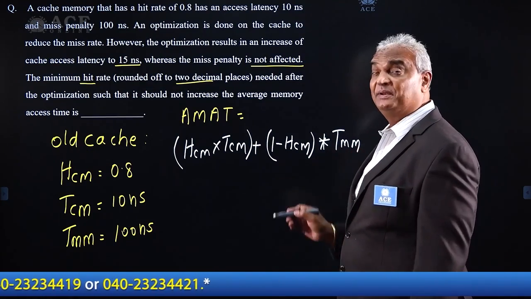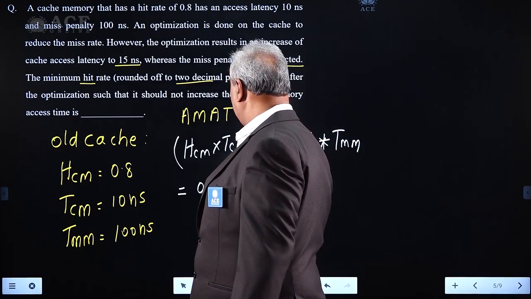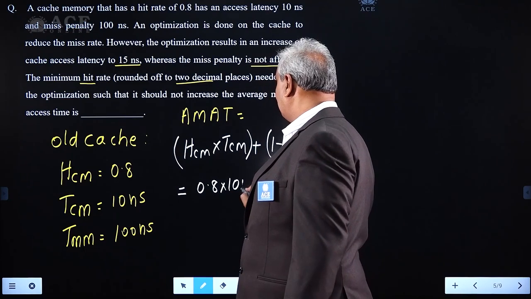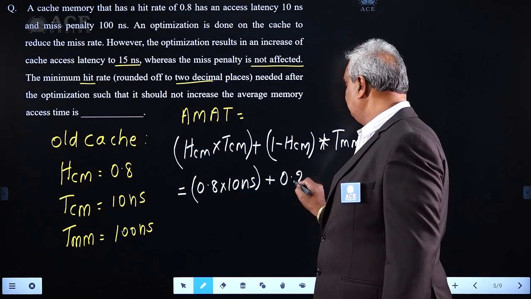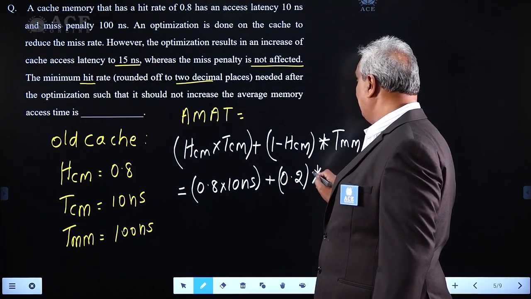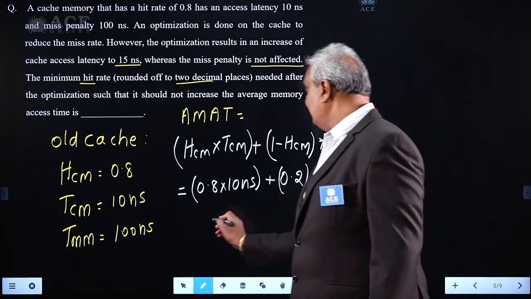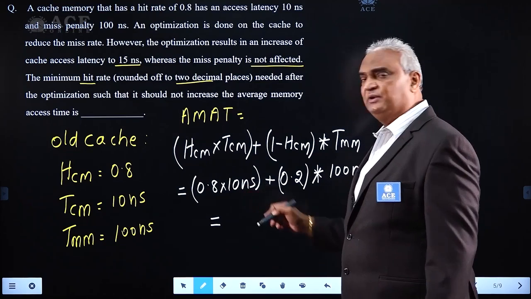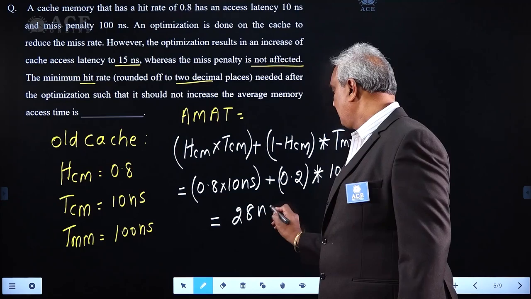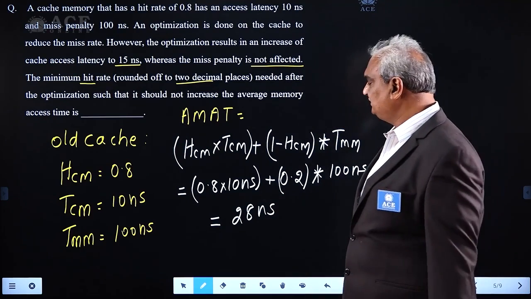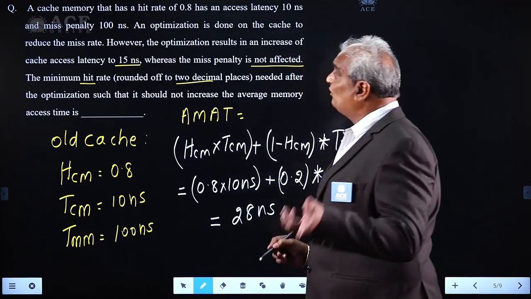What is TMM? Main memory access time. In this, HCM is nothing but 0.8, TCM is 10 nanosecond, plus 1 minus HCM is nothing but 0.2 into TMM, 100 nanoseconds. Finally, it is 0.8 into 10, 8, 0.2 into 100, 20, means 28 nanosecond. It is the old cache average memory access time. In this, after optimization, what about the rules he gave?